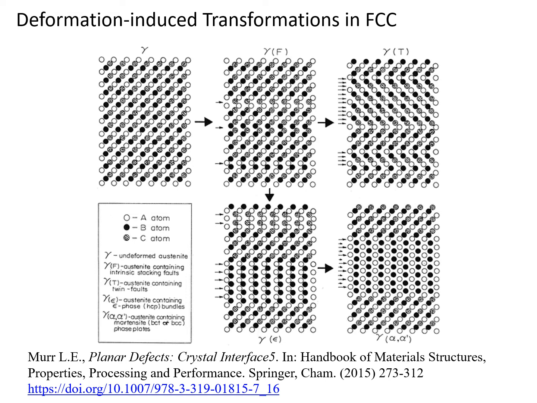If you're starting from an FCC structure, bearing in mind that this represents the A, B and C atoms, I guess we're looking down the 111 kind of plane. Not sure what orientation we're looking at.